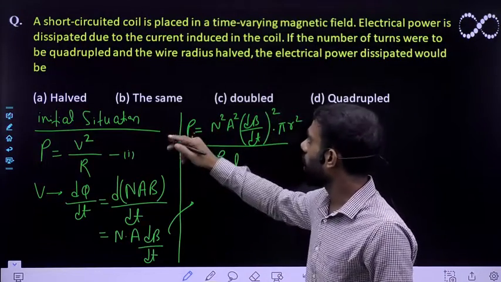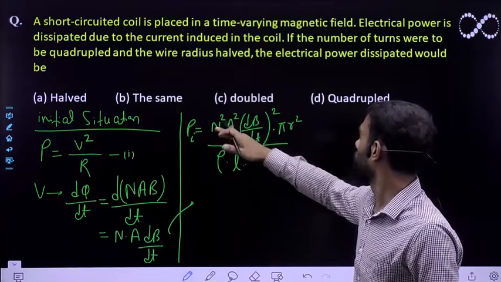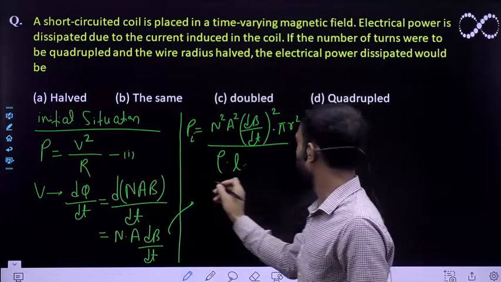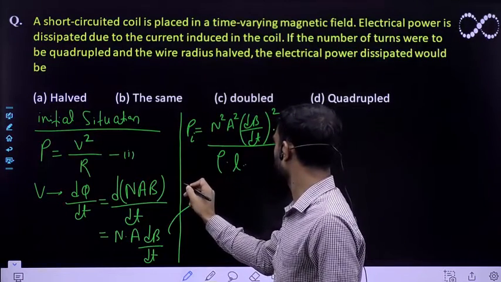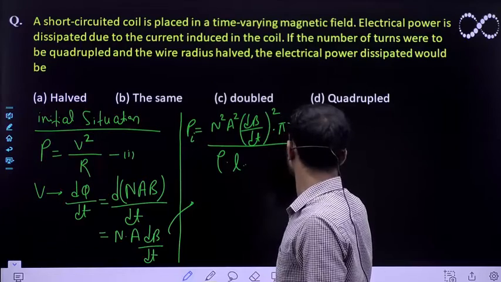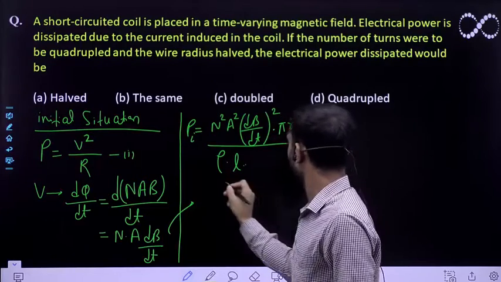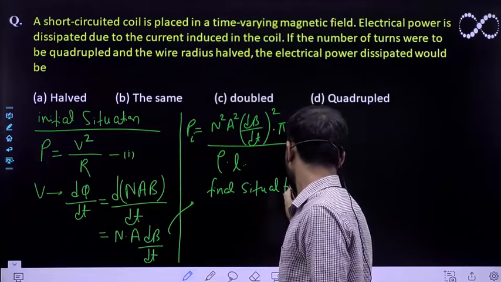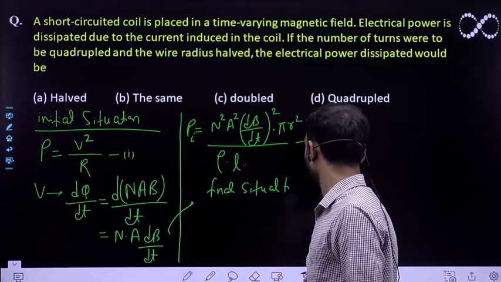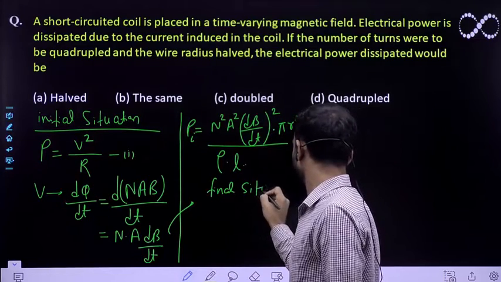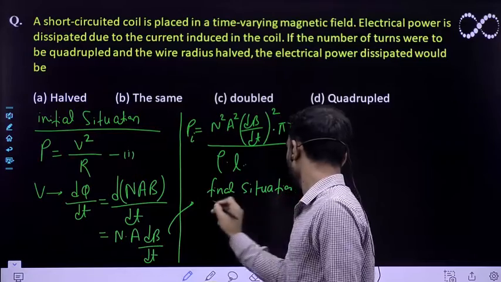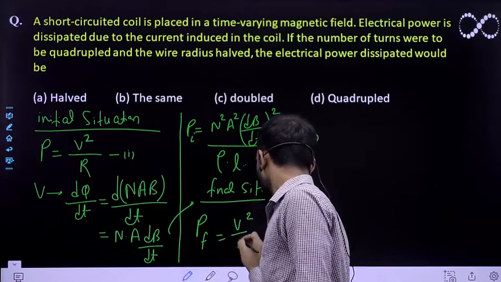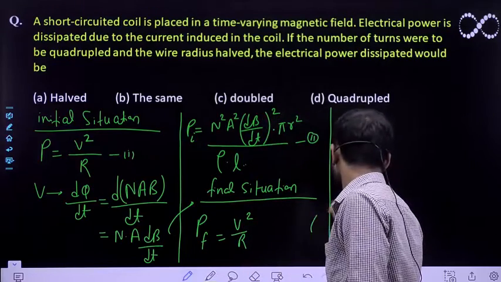Now there is a final situation. In the final situation the number of turns were quadrupled and the radius becomes half. So let us take the second situation now; I can call the earlier one equation 1 and this one equation 2. Now I take the final situation. In the final situation, once again, P final will be equal to V squared upon R. So let us see how much it will come.